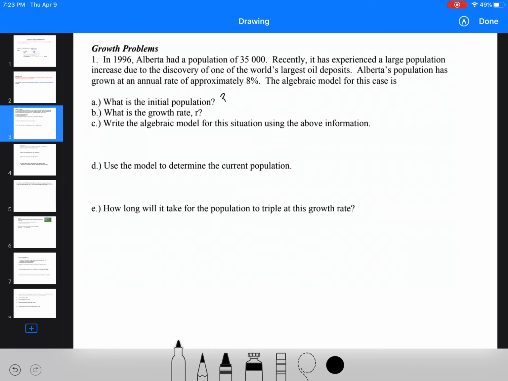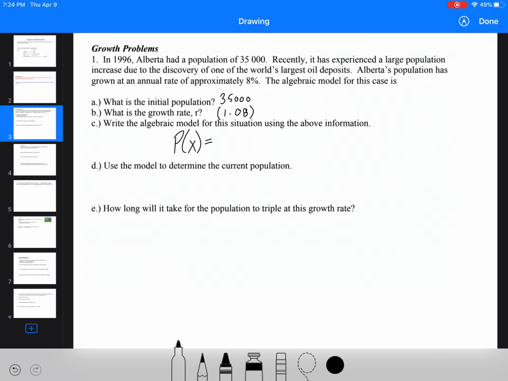So the first thing we need to look at is what's the initial population. Our initial number here is 35,000. Our growth rate, or our B value, is going to be 1.08. I'm going to change 8% to a decimal, which is 0.08, and add it to 1.